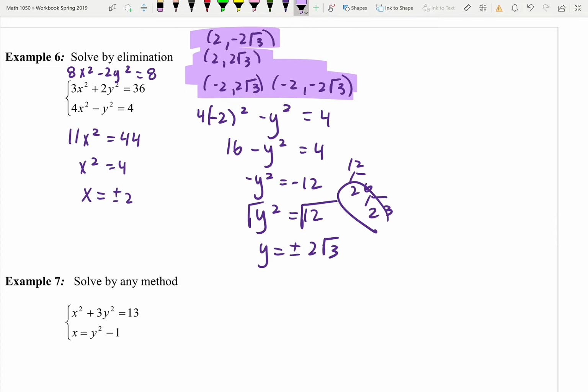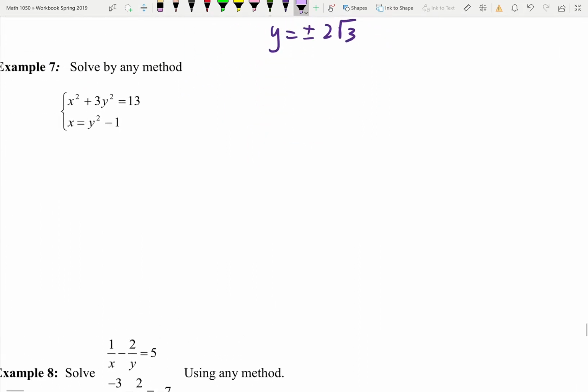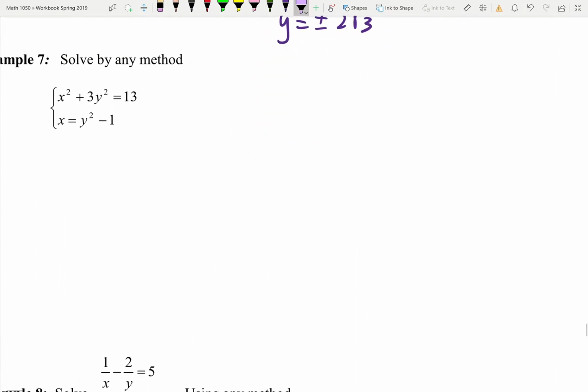Okay, question 7. Can I use elimination? Yes. I can eliminate my y's. So I'm going to take this y and pull it that way. So then I have x minus y squared equals -1.